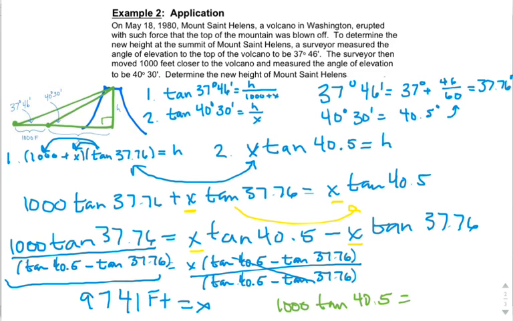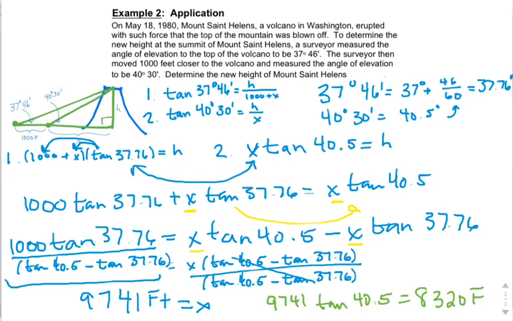It would help if I used the actual x and not just my random 1,000. So let me correct that. That's going to be 9,741. I don't know why I used 1,000. So that works out to be approximately 8,320 feet.